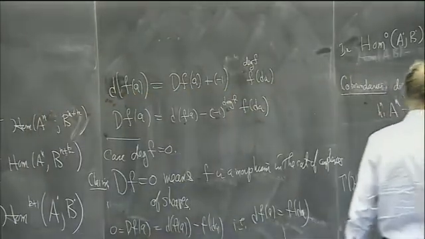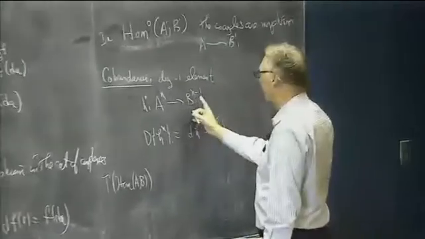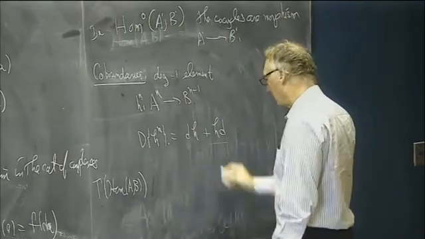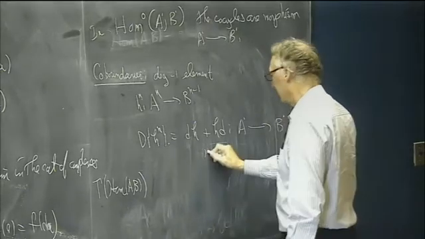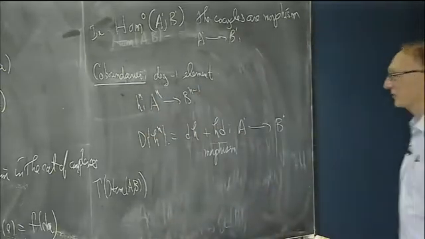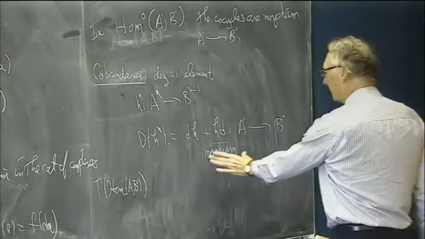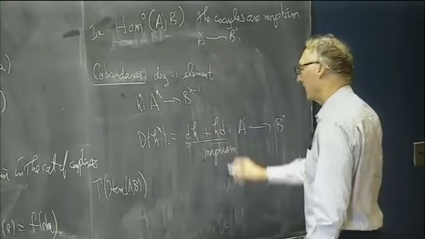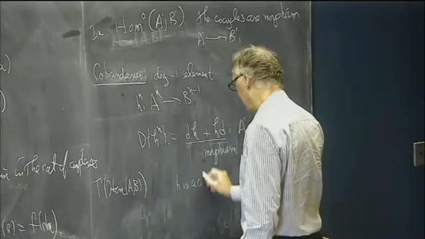Well, this is for any collection of maps from the sheaves A to the sheaves B shifted down by 1. If you form this expression, it is a morphism of sheaves. This is a morphism from A to B. D squared is 0. I didn't check that, but it's the usual sort of exercise with the signs. So this will satisfy the cocycle condition automatically, and therefore it will be a morphism, and this is what we call a chain homotopy. So H is a chain homotopy.